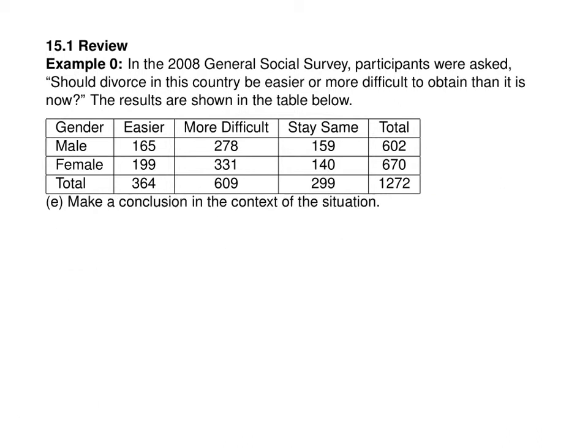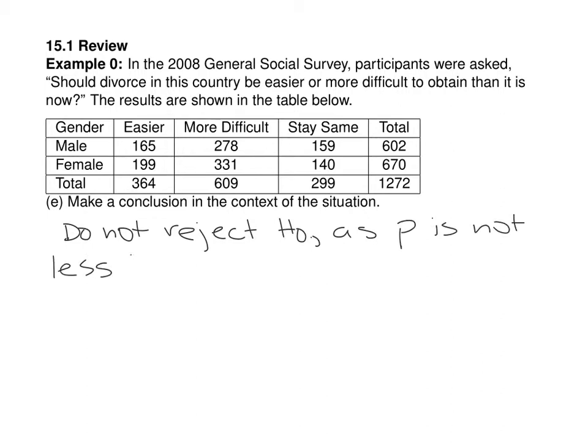Okay, make a conclusion in the context of the situation. In this case, you do not reject H naught. And the reason is that P is not less than 0.05.